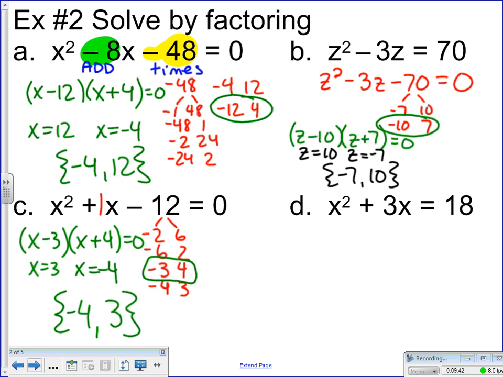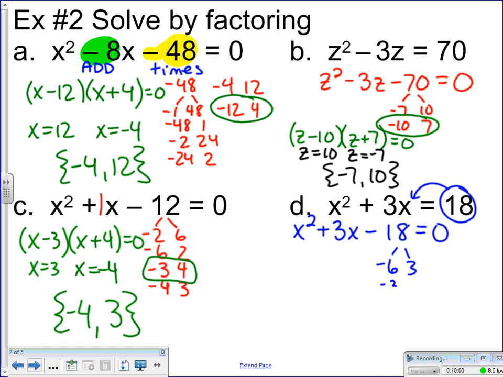Now I hope before you did D, you first moved the 18 over and made it negative. And then two numbers that make 18, there's a negative 6 and a 3, or a negative 3 and a 6. Let's see which one adds up to positive 3.